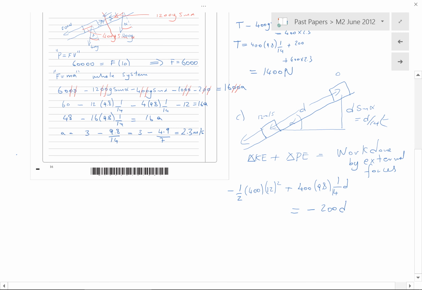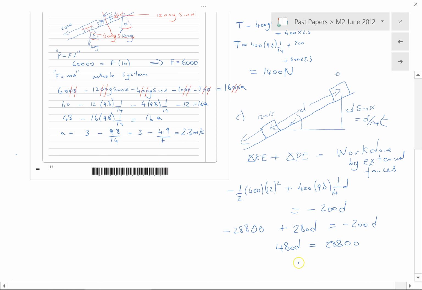Okay, let's work out our individual terms. So the first is minus 28800. The 400 times the 9.8 divided by the 14 is 280d, is equal to minus 200d. If I rearrange all that, 480d is equal to 28800.